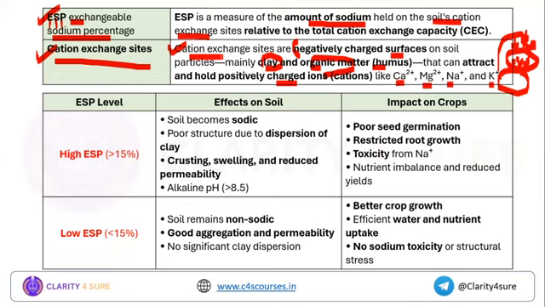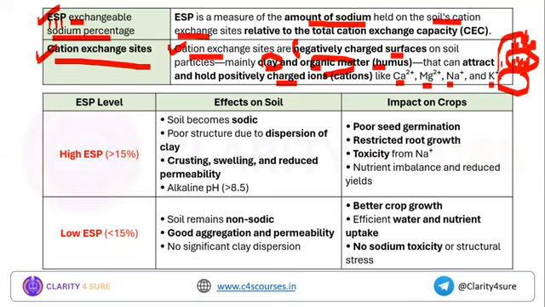I hope you understood the concept. So what is the reference of these cation exchange sites in the ESP? The ESP is a measure of the amount of sodium held on the soil's cation exchange sites.